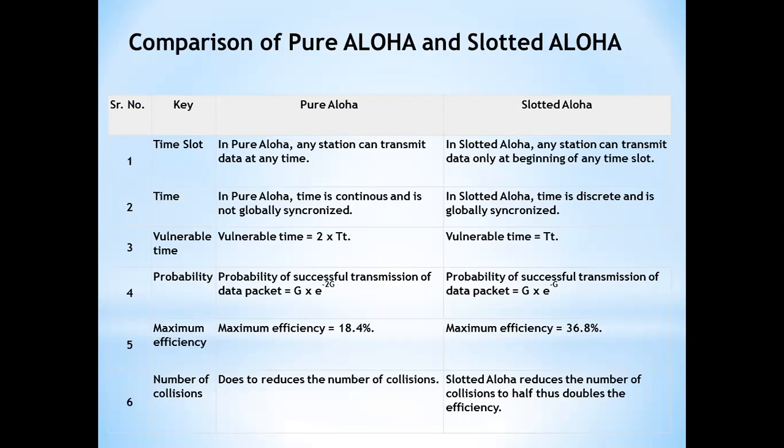Slotted Aloha reduces the number of collisions to half, thus the efficiency is double that of pure Aloha.